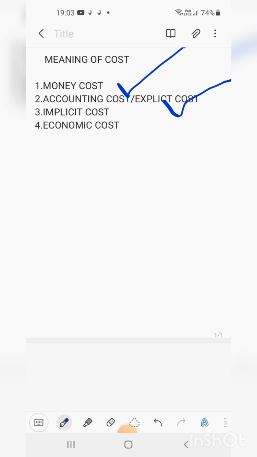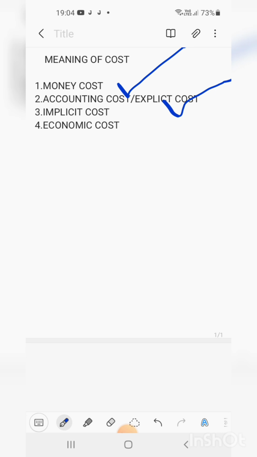All such payments are made towards the factor services hired or bought from outside. These costs enter into the records by the accountant. They are known as explicit cost.